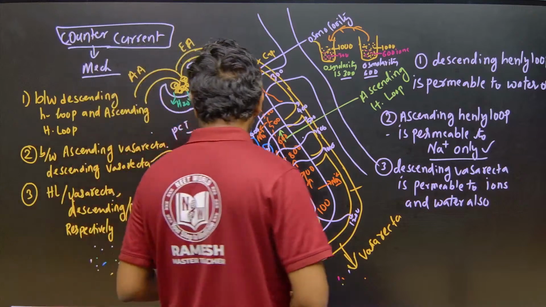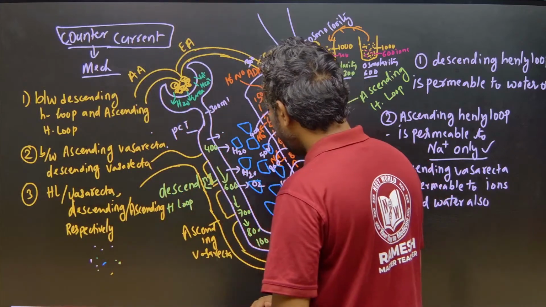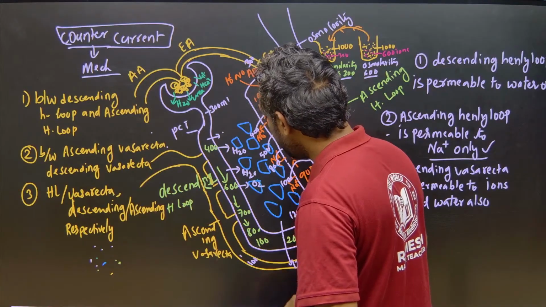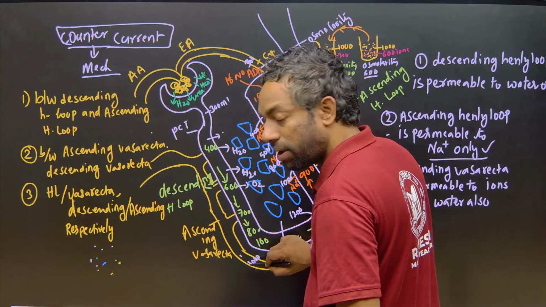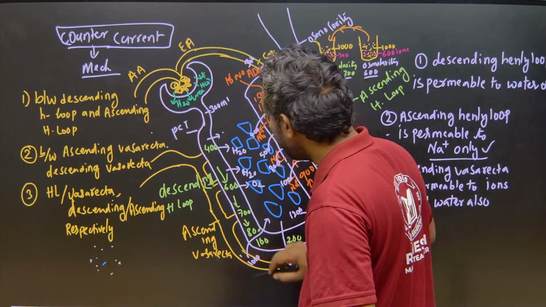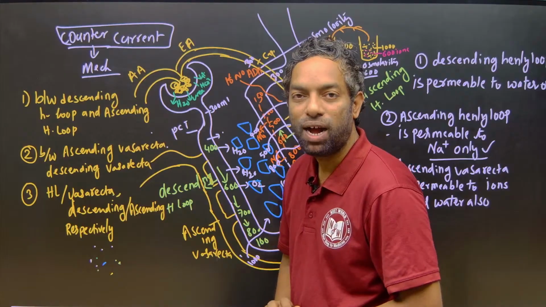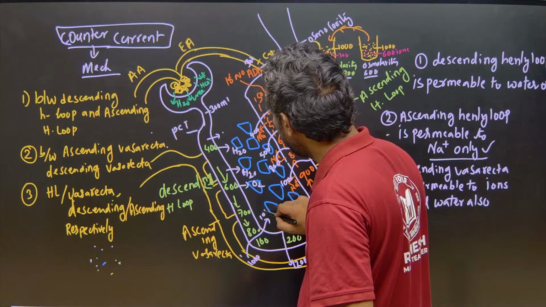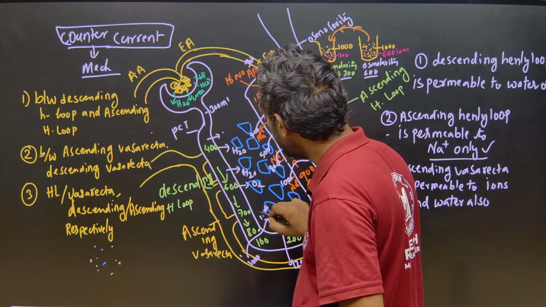And if we come to the ascending Vasa recta, here 1200, here 1000, meaning from the Vasa recta into the medullary interstitial fluid, ions will be removed and transferred into this area at 1000.